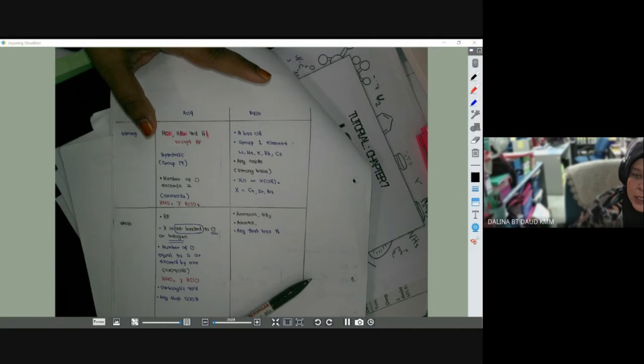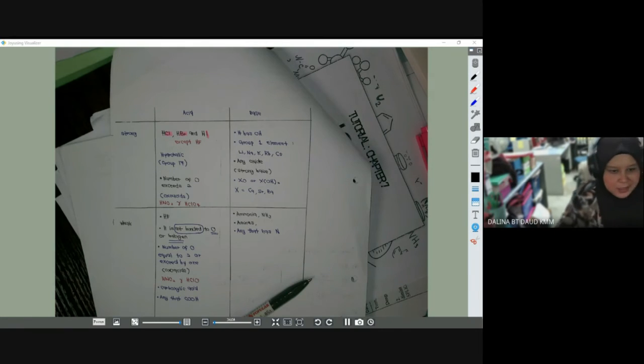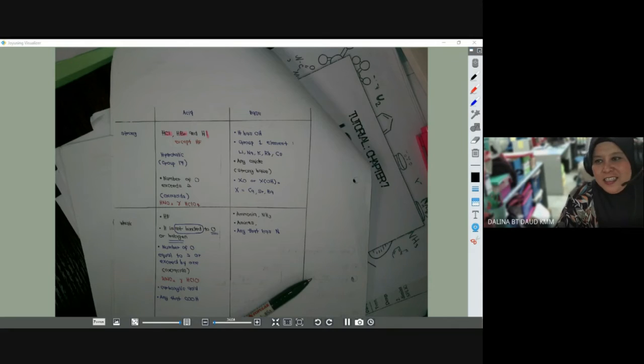I thought there's supposed to be HCN near the weak acid in the notes. Ada. Kejap.